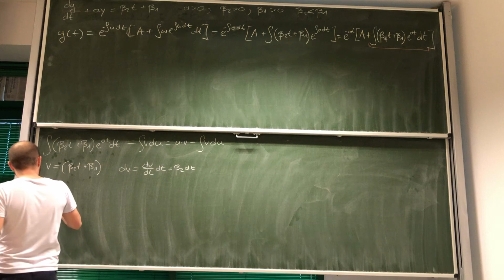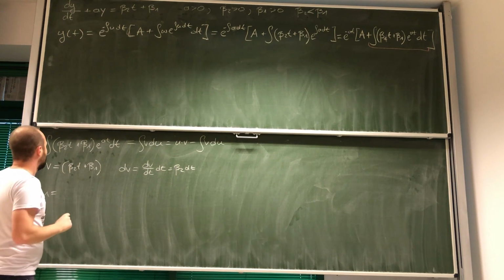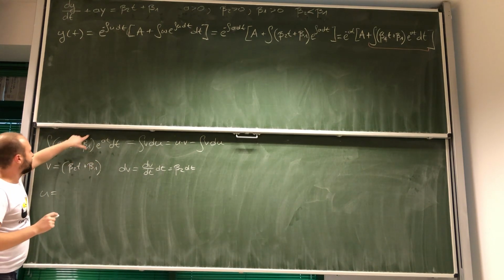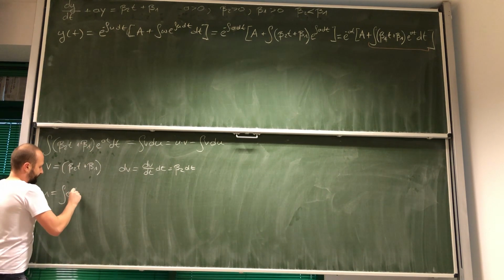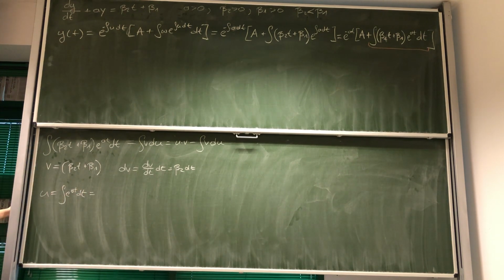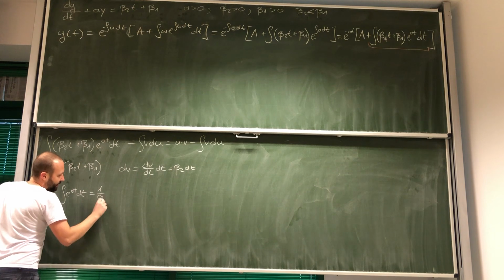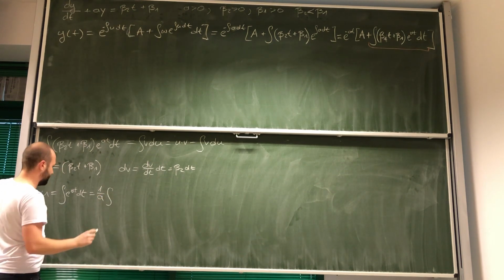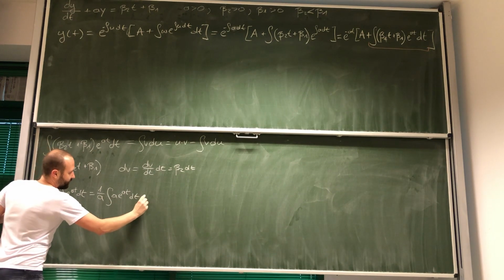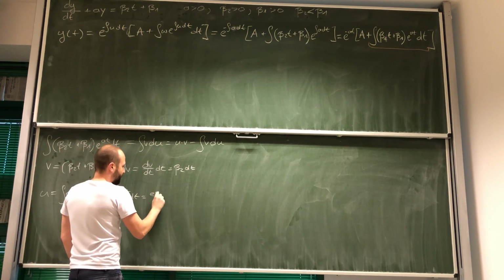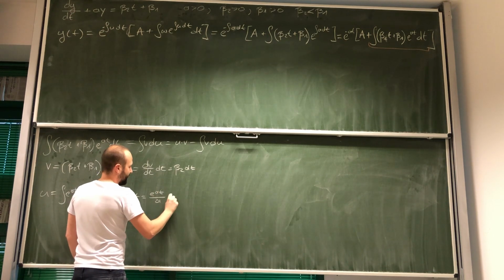Now, in order to get u, we need to work a little bit harder, because u is going to be the integral of this expression. If I want to integrate this and use the exponential rule, I need to have a up front, so I should take 1 over a out of the integral, and we get that this is e to the power at over a plus c.